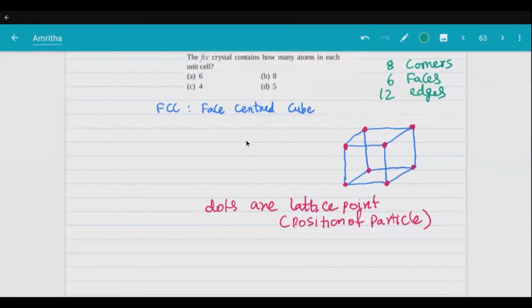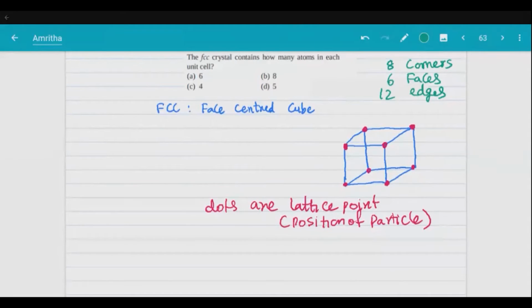Edges are 12, faces are 6, 8 corners. Fine. One more important thing, how many body diagonals? Different body diagonals. If you are sitting in a room, just imagine the room like a cube. You are sitting in a cube.